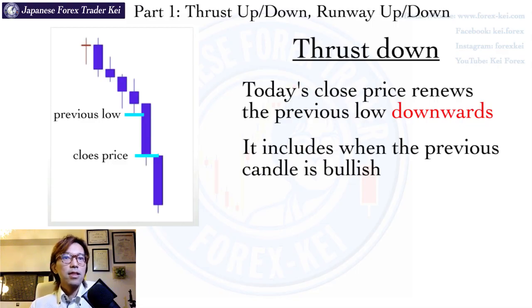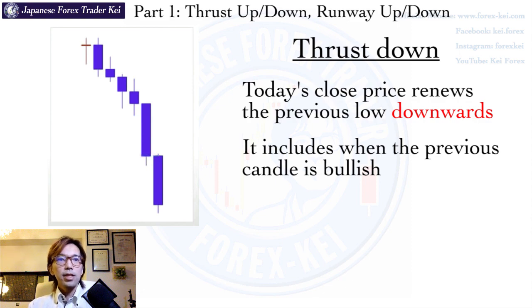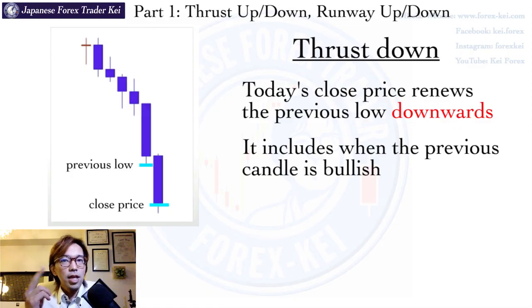So this is the thrust down, and this is particularly strong thrust down price action. And the next one, the closing price is here and the previous low is here, and it looks like it's been moving downwards. So there were 2 consecutive thrust downs with strong bearish momentum, you see?